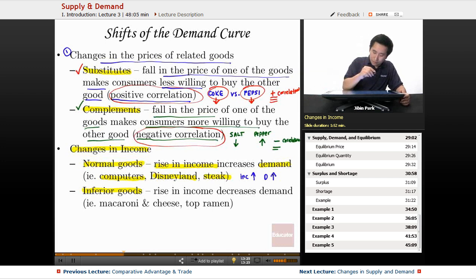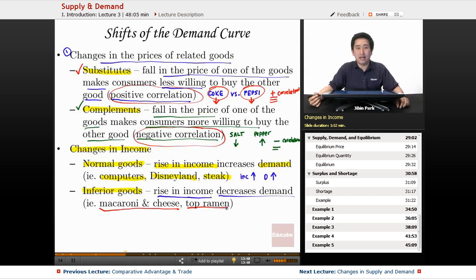Now, inferior goods actually work in the opposite way. So a rise in income actually decreases the demand. So there are some goods that are maybe unfairly targeted in economics books. I would say the most common would be mac and cheese and maybe top ramen.